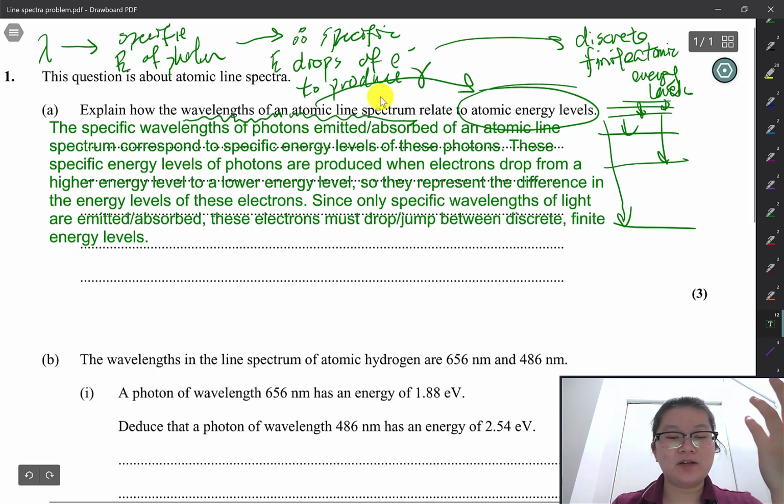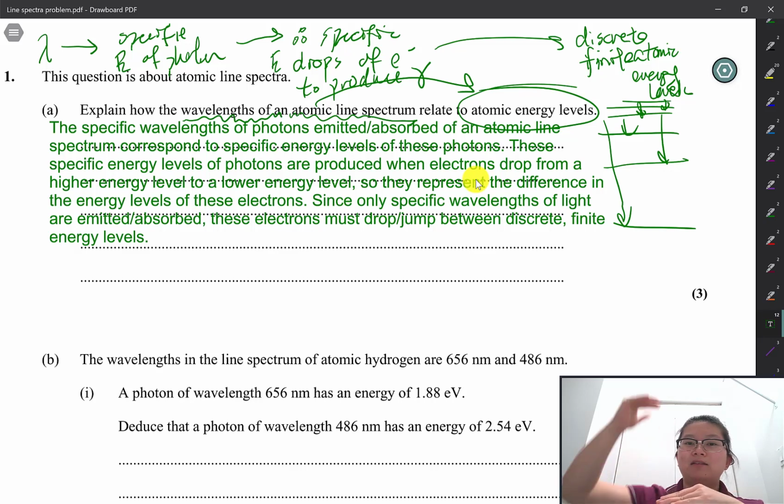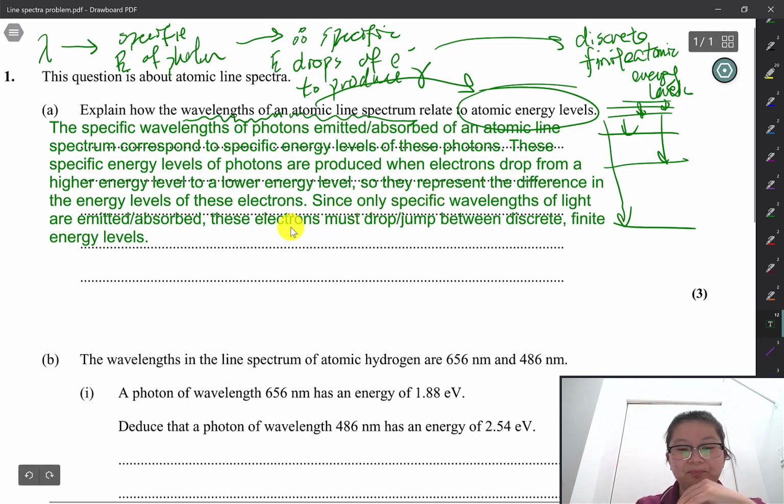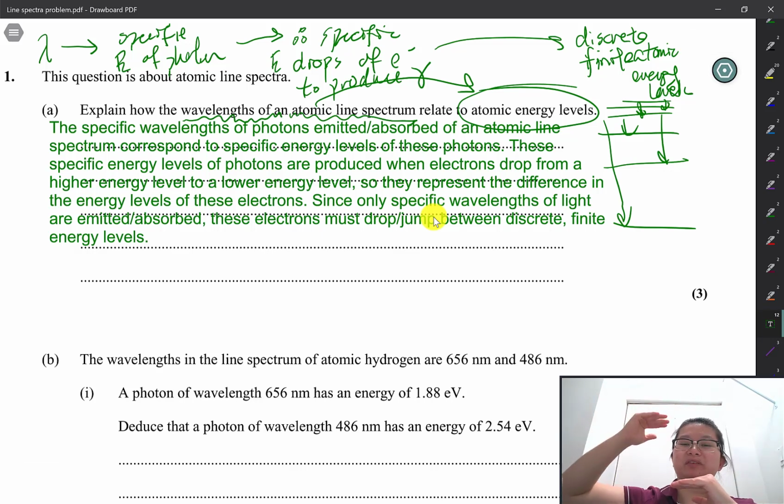These specific energy levels of photons are produced when electrons drop from a higher energy level to a lower energy level, meaning that the difference in these energy levels corresponds to the energy of that photon. And because only specific wavelengths of light are emitted or absorbed, that means the electrons must jump between specific energy levels that are discrete and of course finite in nature.